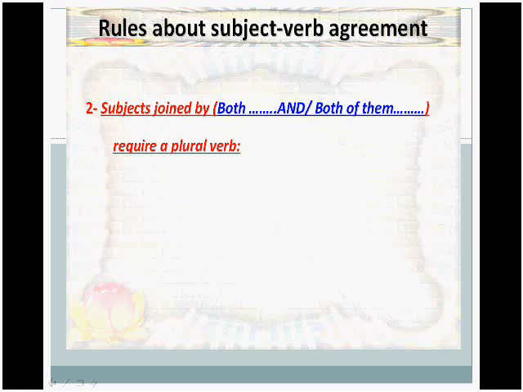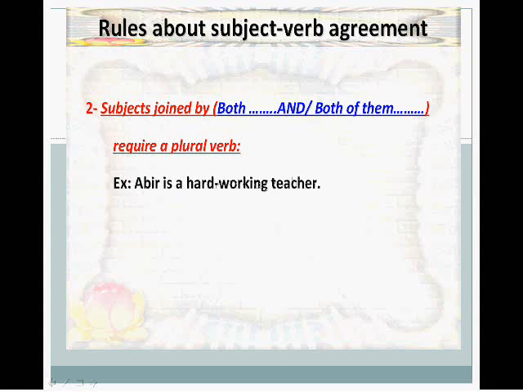And don't worry, we are going to look at some examples. It will be clear, don't worry. So for the example, we have this sentence: Abir is a hard-working teacher. Khalid is a hard-working teacher. So here in this sentence, I have Abir, which is singular. The verb is singular. Khalid singular, then the verb is singular.